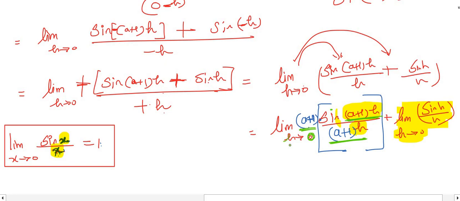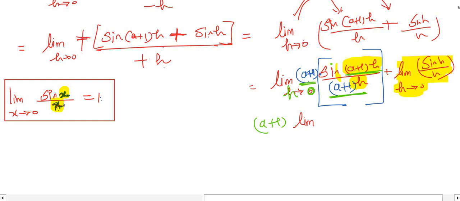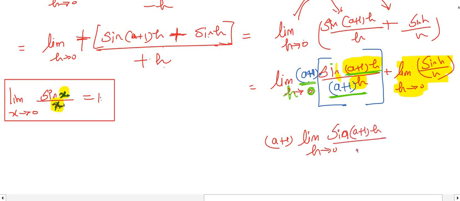Correct? When we apply the limit h tending to 0, let me show you. A plus 1 will come in front. So limit, this will become, let me write down. Limit h tending to 0, sine a plus 1h by a plus 1h plus, this is 1 only, this part is all 1.